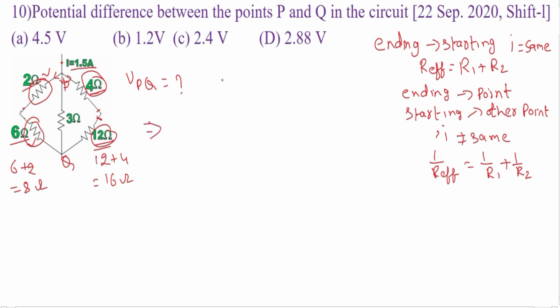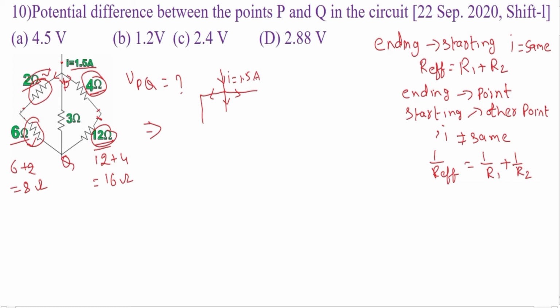So this is my starting point. From this, three connections came. This is current I, which is equal to 1.5 amperes. This current splits into three parts.